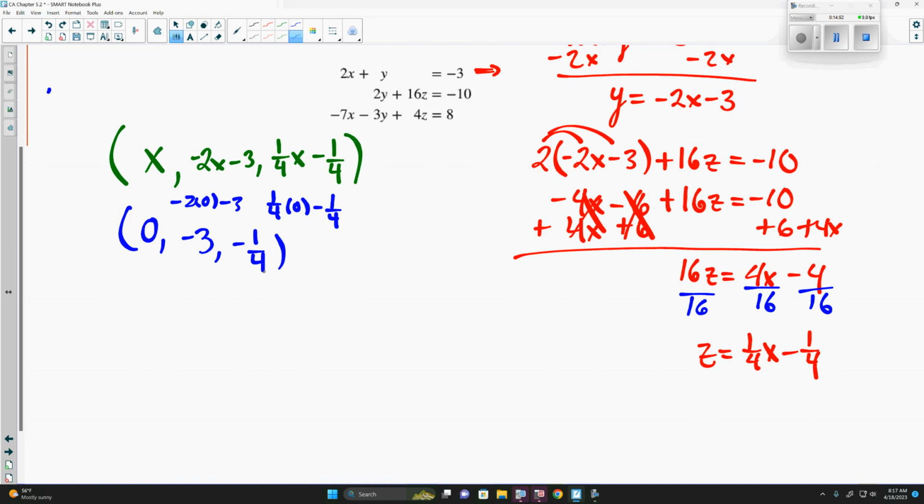Because if we plugged it into the first equation, we'd have 2 times 0 plus -3 is equal to -3. That's 0, so -3 is equal to -3. So that solution worked for the first one.